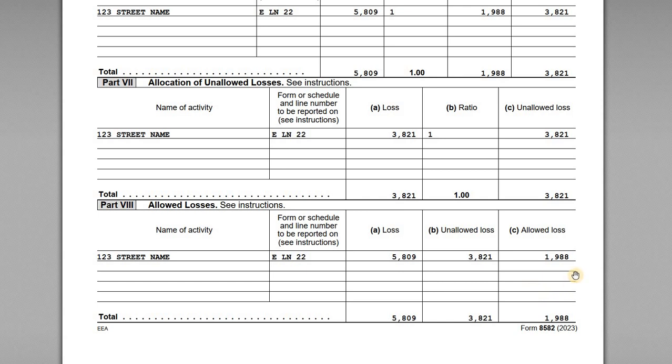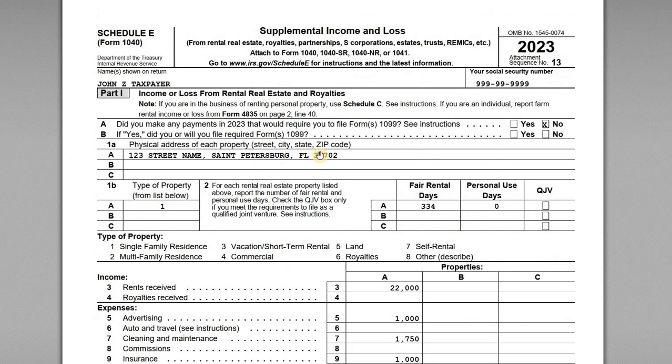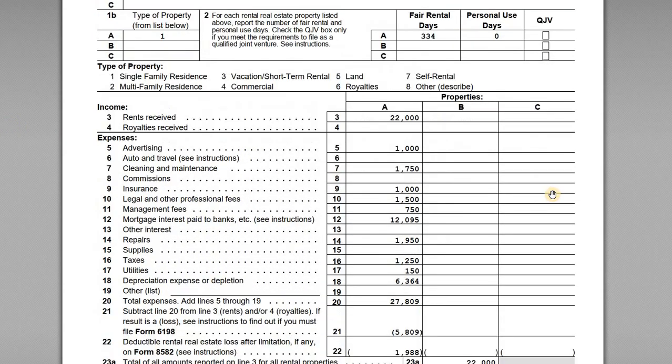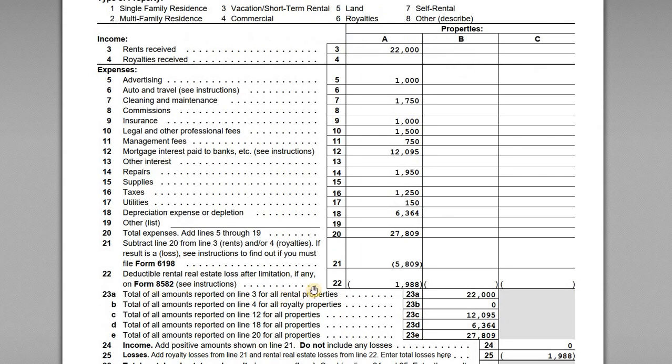Now, once the $1,988 of allowed is confirmed, we go back to Schedule E, page 1, and we scroll down to line 22. So line 22 is where we report that deductible piece of the rental real estate loss after limitations from the 8582.